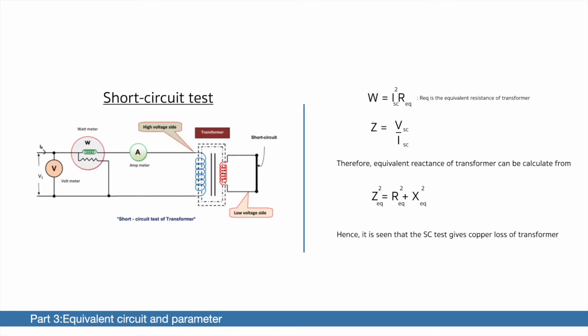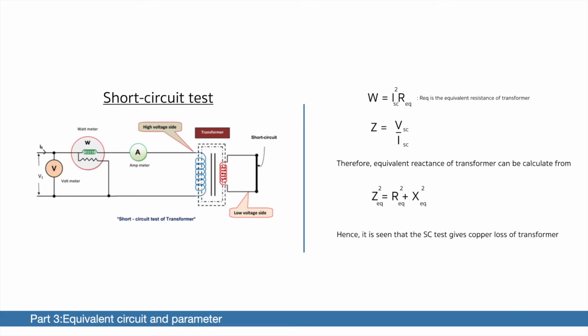The low voltage side of the transformer is short circuited, and the wattmeter, voltmeter, and ammeter are connected to the high voltage side. The ammeter reading gives the primary equivalent of full load current. The voltage applied for full load current is very small as compared to rated voltage. Hence, core loss can be neglected. Thus, the wattmeter reading can be taken as copper loss in the transformer.